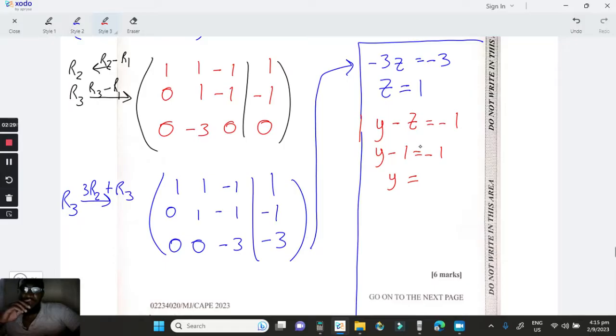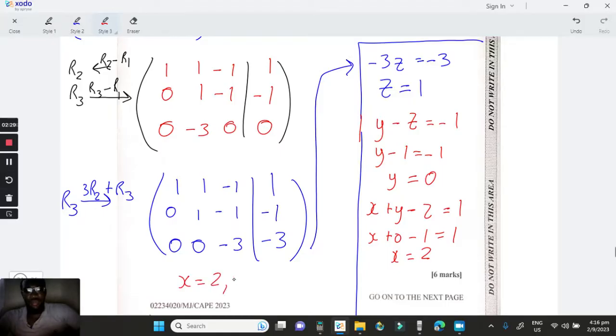So negative 1 plus 1 is 0. So y is 0. And so then x plus y minus z, which is 1. And so x plus 0 and z is 1. So minus 1 is equal to 1. So x is 2. So our final solution is x is 2, y is 0, and z is 1.